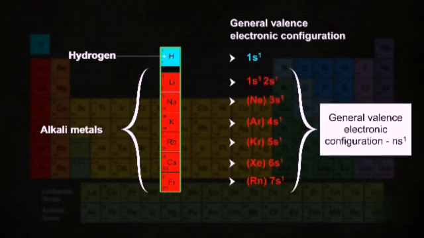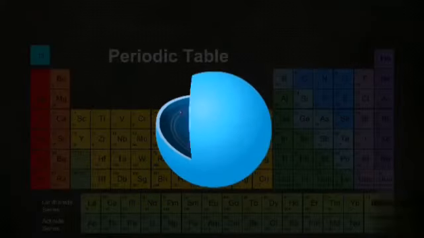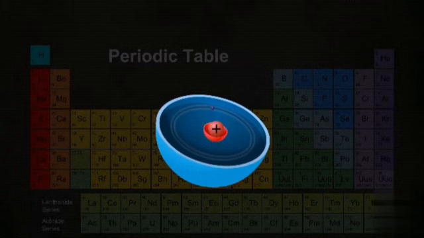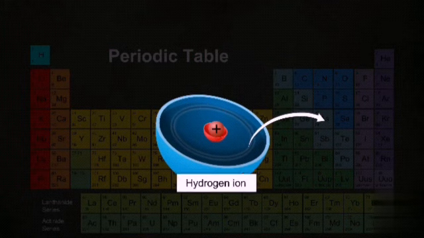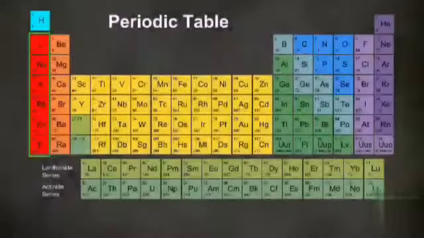Hydrogen can lose its only electron to form a unipositive ion called hydrogen ion, H+. In the similar manner, alkali metals also lose their valence electron to form unipositive ion.